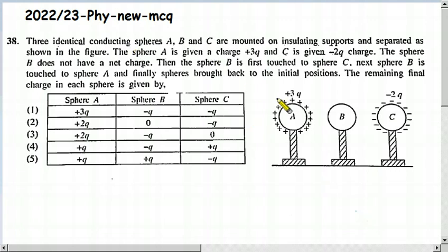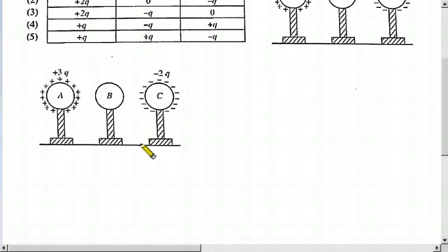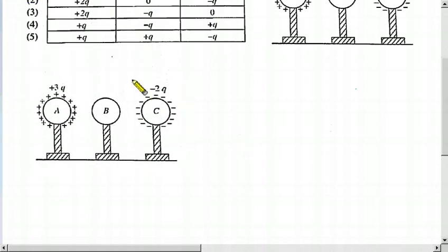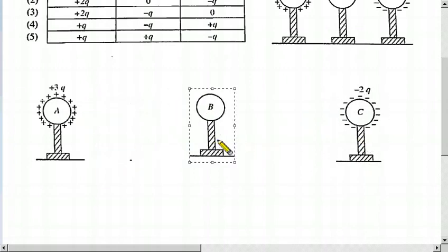So let us take a copy of this given diagram. Children, they are not closer as in the figure, so the question means that these spheres are separated at a considerable distance.